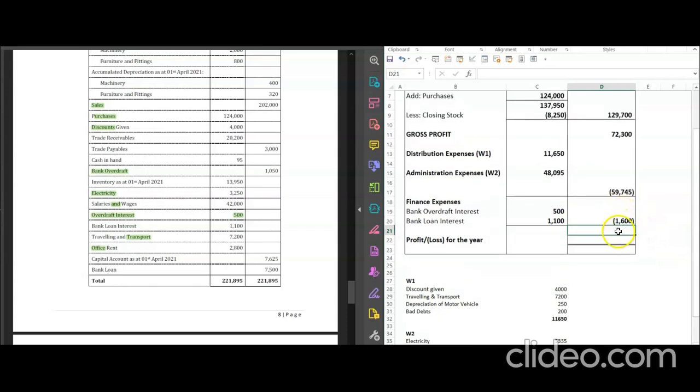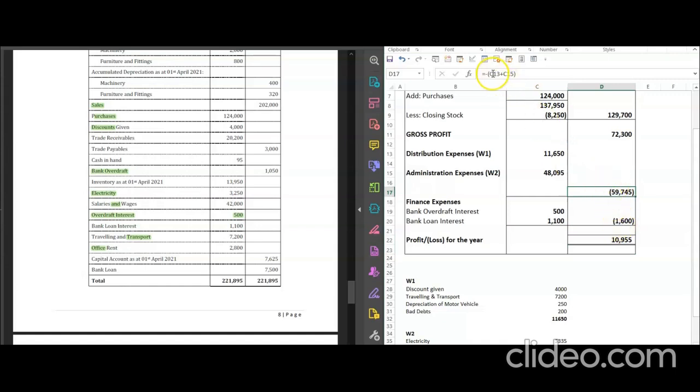Finally, you have to get the sum of this: gross profit minus distribution expenses minus administration expenses minus 1,600. Since these all are negative figures, you have to add them in the Excel.